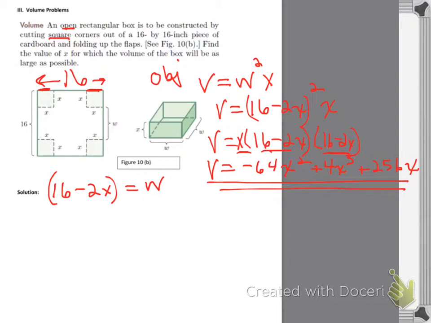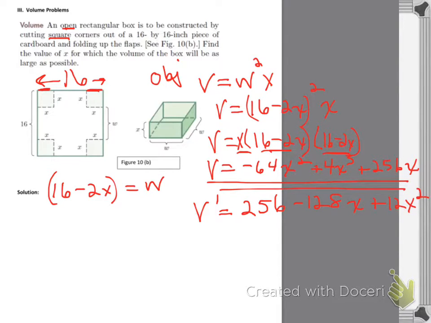Now what I'm going to do is take the first derivative. So v prime equals 256 minus 128x plus 12x squared when I wrote it all out. Alright, so now I know I have a cubic initially, and now I have a quadratic that's very difficult to really factor.